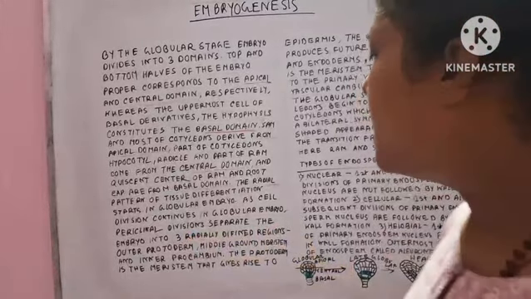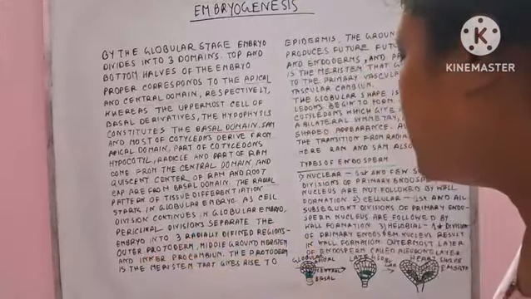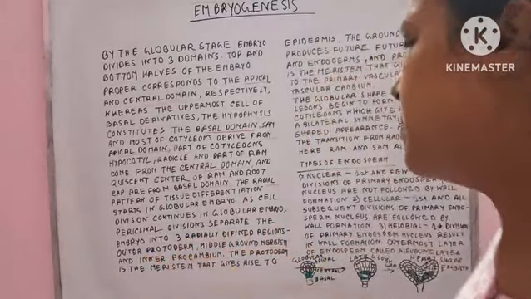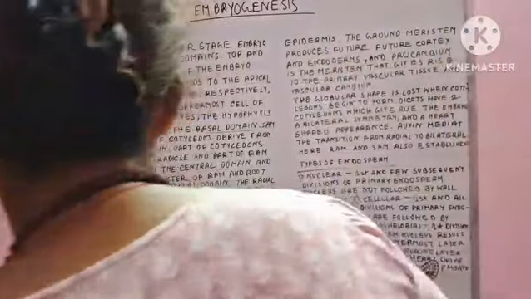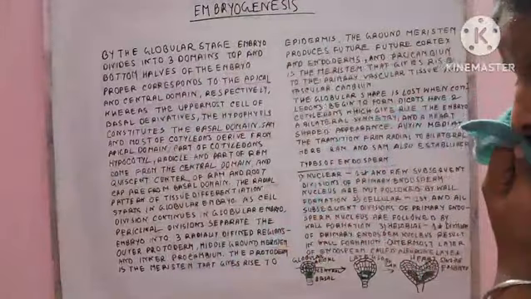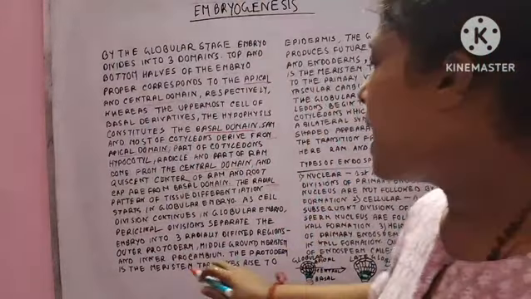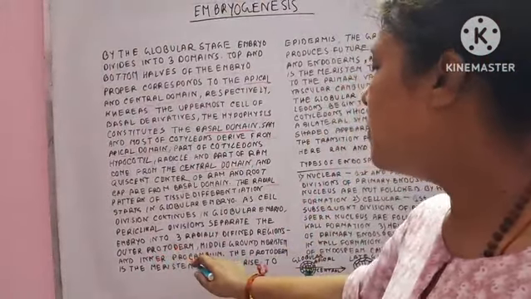What are they? The outer protoderm, the middle ground meristem, and the inner procambium. Clear? So the outer one is called the protoderm, the middle part is called the ground meristem, and the inner part is called the procambium.